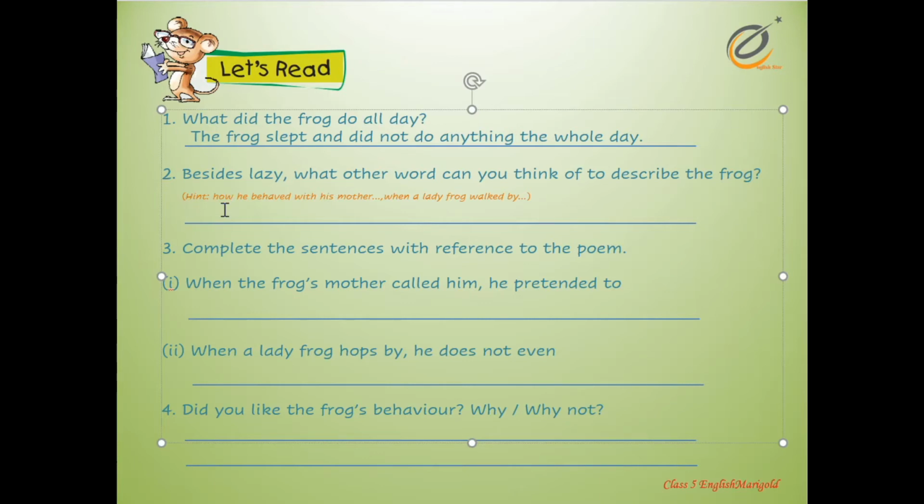Here is a hint given: how he behaved with his mother when his mother called him, and when a lady frog walked by him, how did he behave? So you can write here that he behaved in a very careless way. So we can write careless.